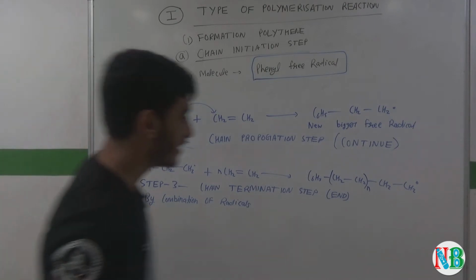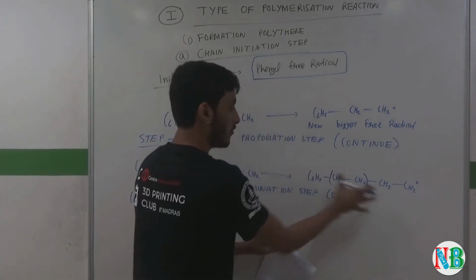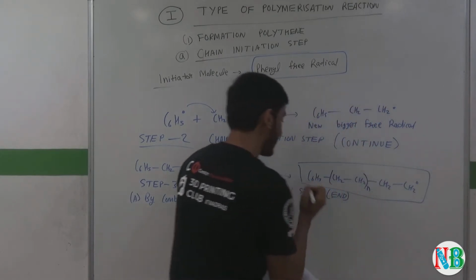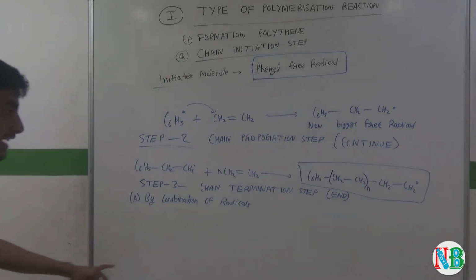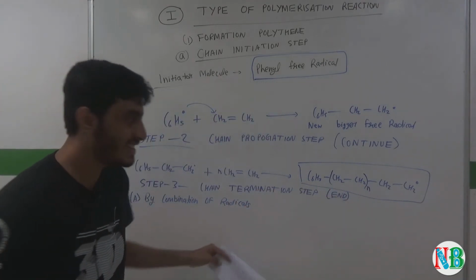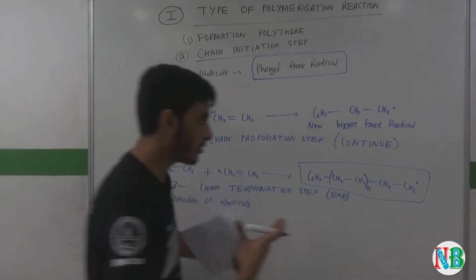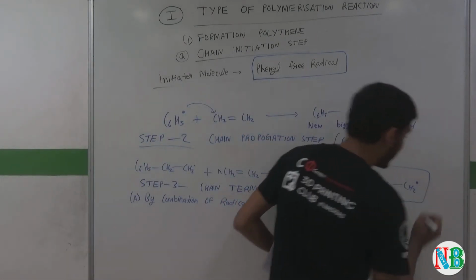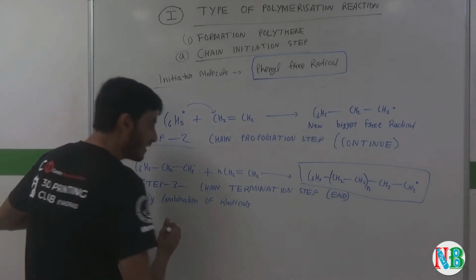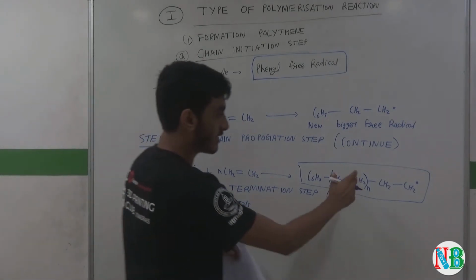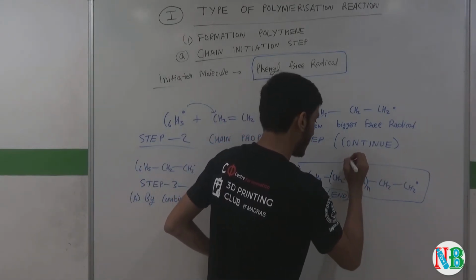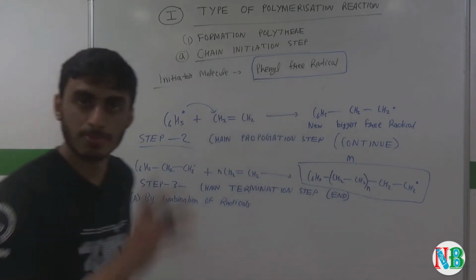So suppose over here we formed this bigger free radical. Now the first type is that you have to take a similar one more molecule and just add them to each other so that their free radical forms a bond. So what I am saying is that suppose I name this compound as M, a small m.